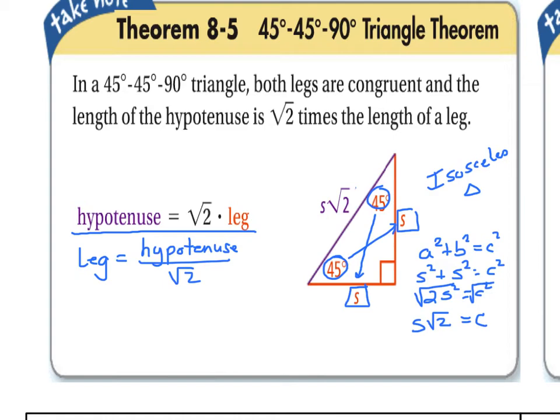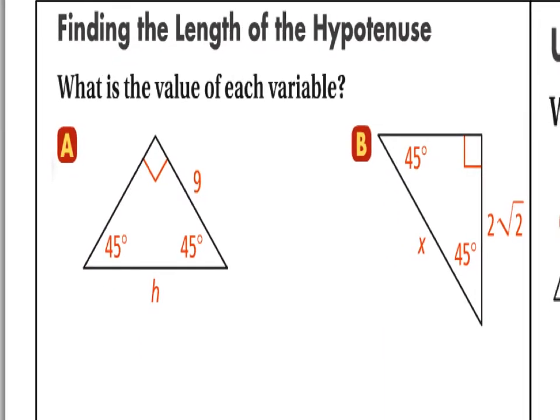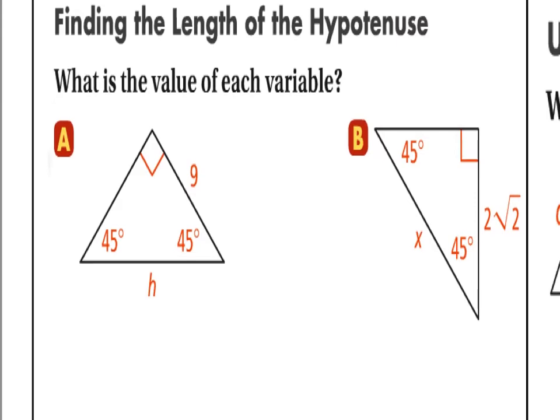Now, let's take a look at the example down below this. It says, find the length of the hypotenuse. What is the value of each variable? Okay, so in this case, they're not giving you the hypotenuse in either one of these. It's not always going to necessarily be that way. So the formula, again: hypotenuse is equal to the square root of 2 times the leg.